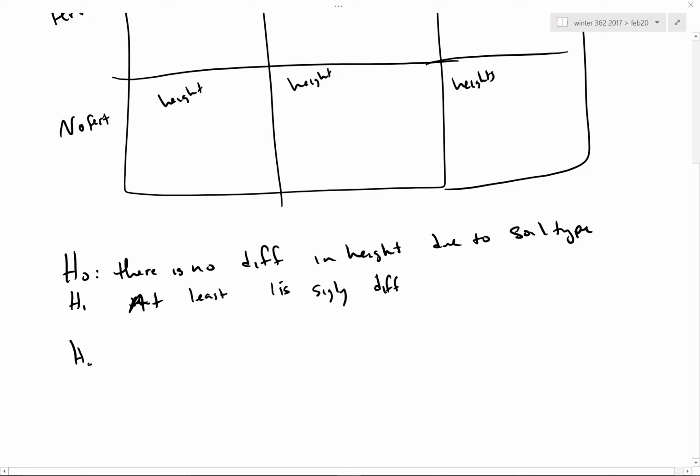And then H naught: there's no difference in height due to fertilizer. And then of course at least one is significantly different.